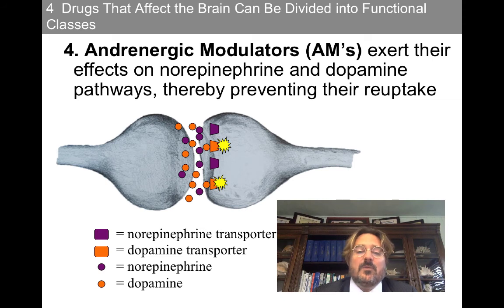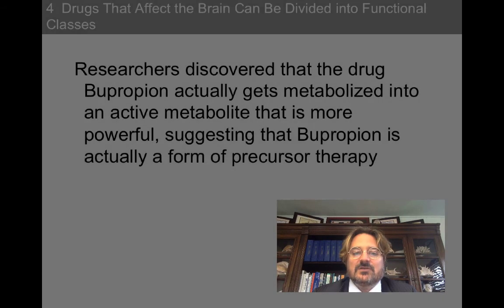So we end up with this abundance of norepinephrine and dopamine in the synapse. So the bioavailability increases, and many people report that they have fewer depressive symptoms whenever they take a medication such as this. So you're going to have more localized potentials.